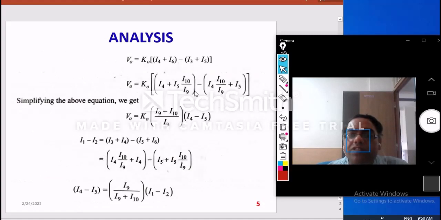After simplifying the above equation, we get like this, and this is just some algebraic manipulation of I1 minus I2 and I4 minus I5.